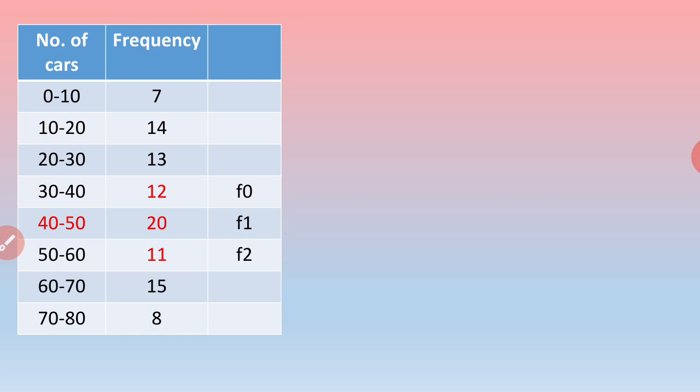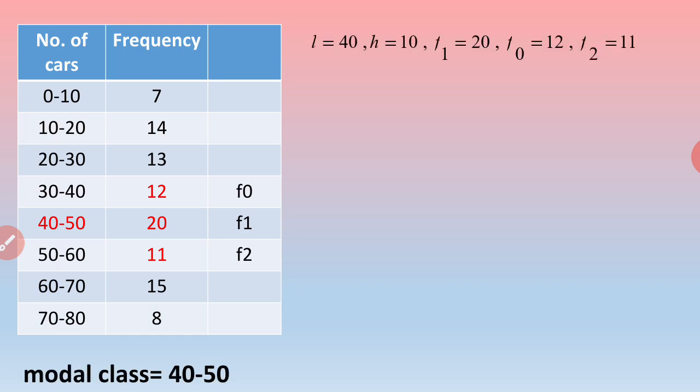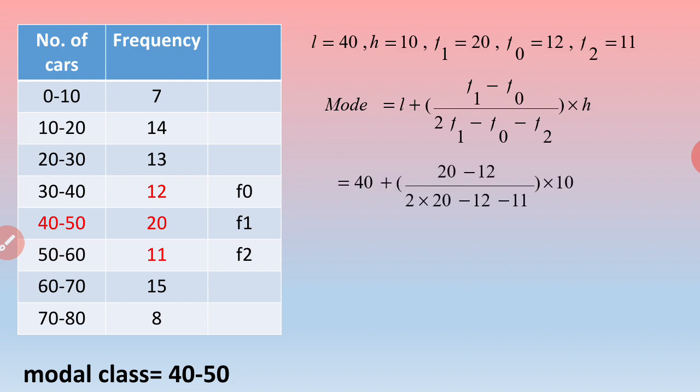We'll find out the modal class and L, H, F0, F2 are also noted down. After this, note down the formula and substitute the values. Finally, solve to get the answer. Here, the modal number of cars is found out to be 44.7. With this, we come to the end of the topic for now.